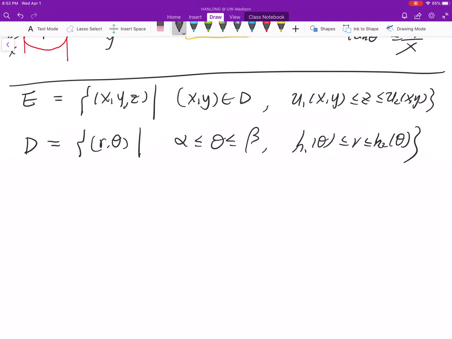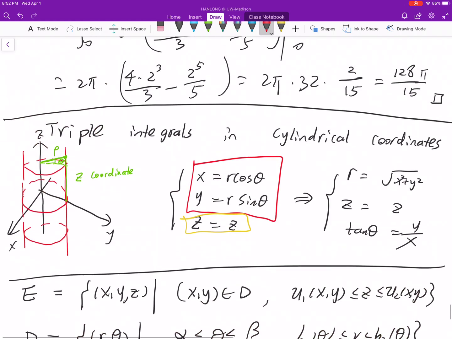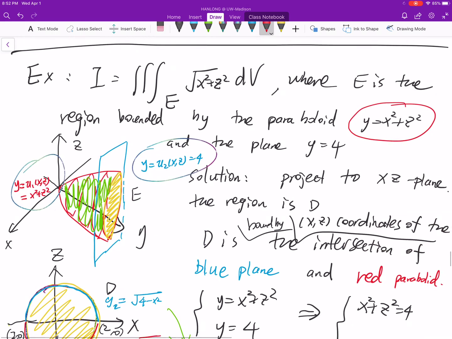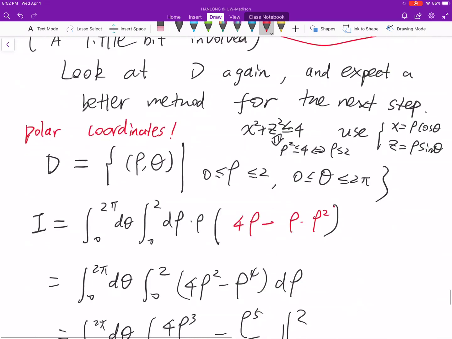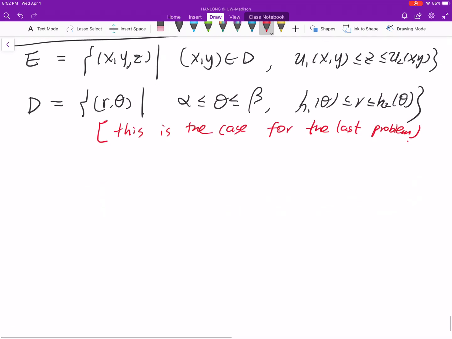How to do the transformation? So remember, this is the case for the last problem. Just this problem. We did the exact same thing here, but now we want to do some systematic study.